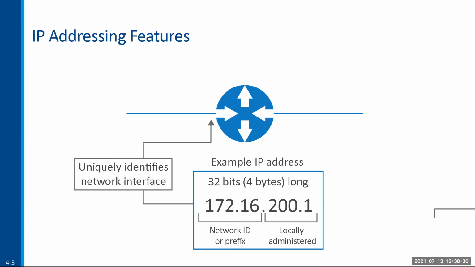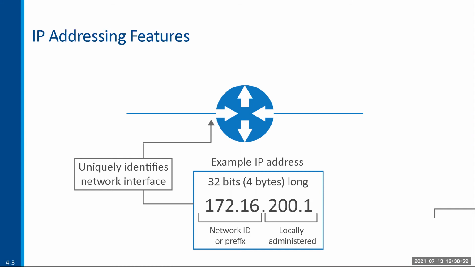The host 200.1 is not in the same location. Likewise, we could have a 172.16.200.2 because that is a different address in and of itself. But some part of the leftmost bits moving towards the right define the network. Some bits from the right moving towards the left define the host.